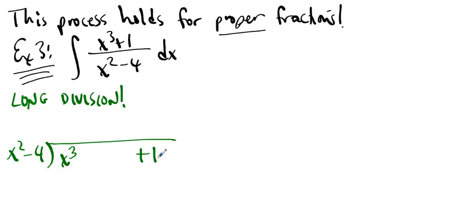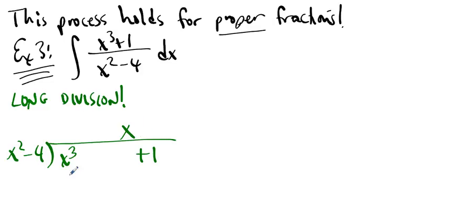Now, you may have to find some Khan Academy video on how to long divide polynomials. I'll give you the upshot. How many times does x squared go into x cubed? Well, that depends. What's that? Right? Okay. So x squared goes into x cubed x times.